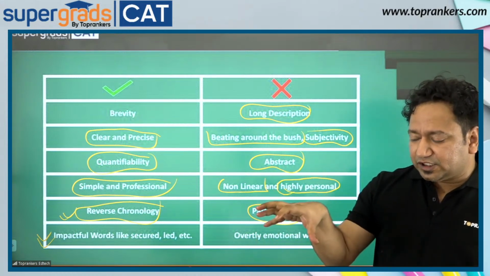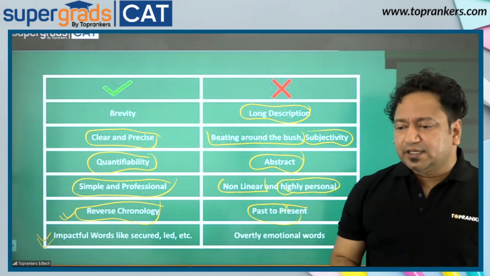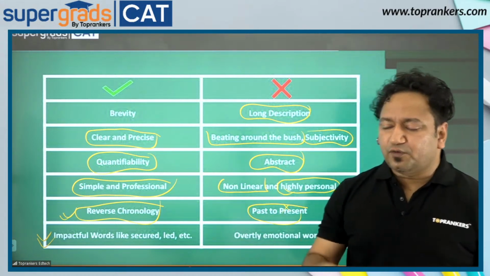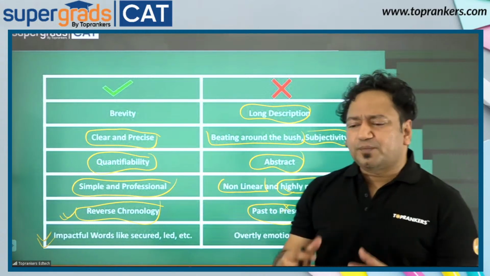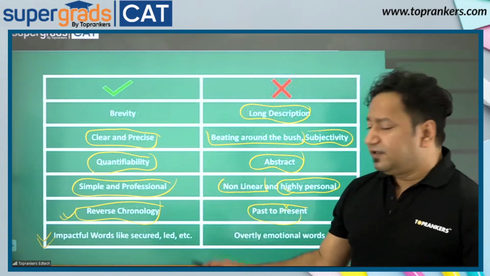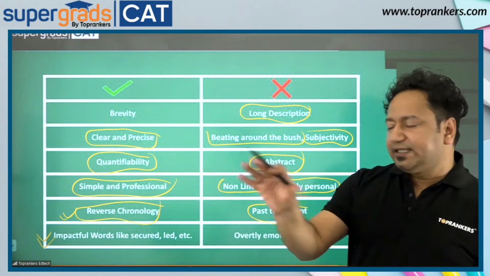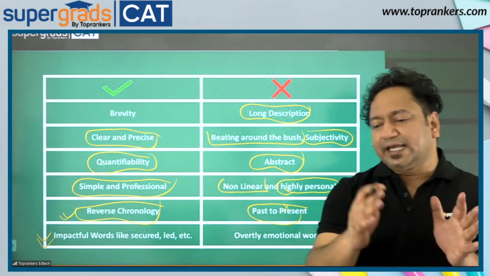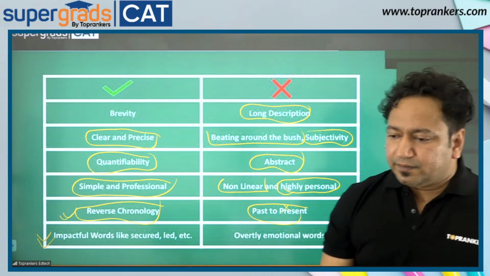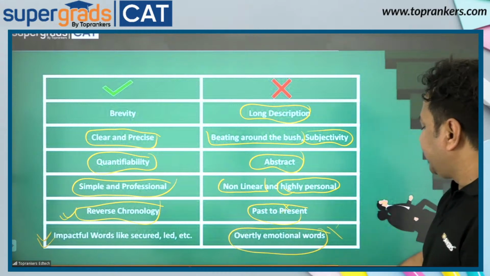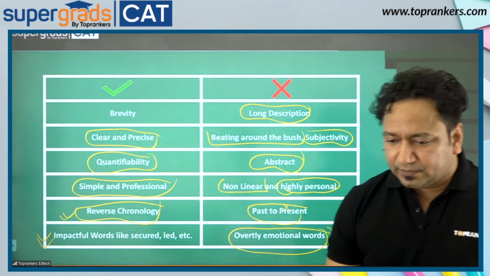These are the words which involve or encourage action and put an emphasis on what you think. Those words should be thought-provoking. Impactful words should always be used. Here, I excelled in sports. I secured this rank. I led a team of six. These words should be used, and overtly emotional words should be totally avoided.